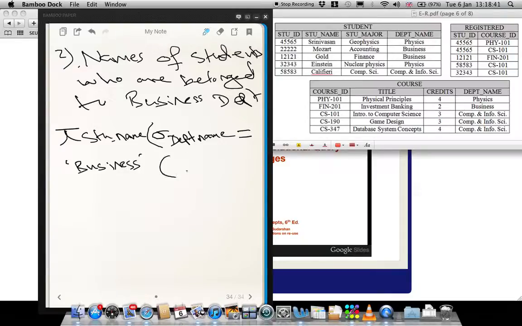Again, all this work is in the student table. Make sure you understand this.